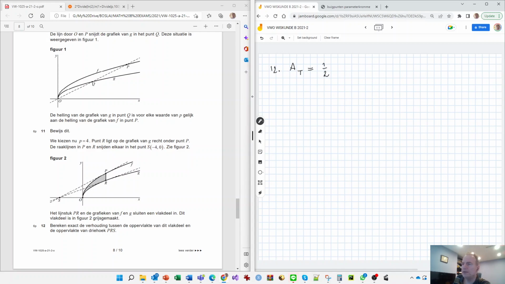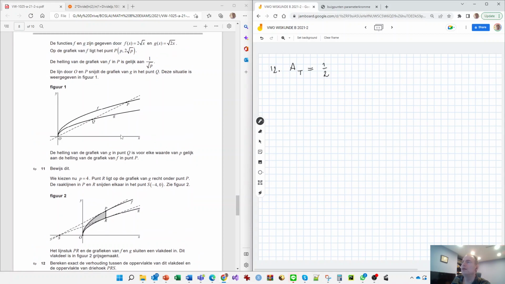And what's the base? The base is the function f at P. So that's 2 times the square root of 4 minus the function g, which is the square root of 2 times 4.